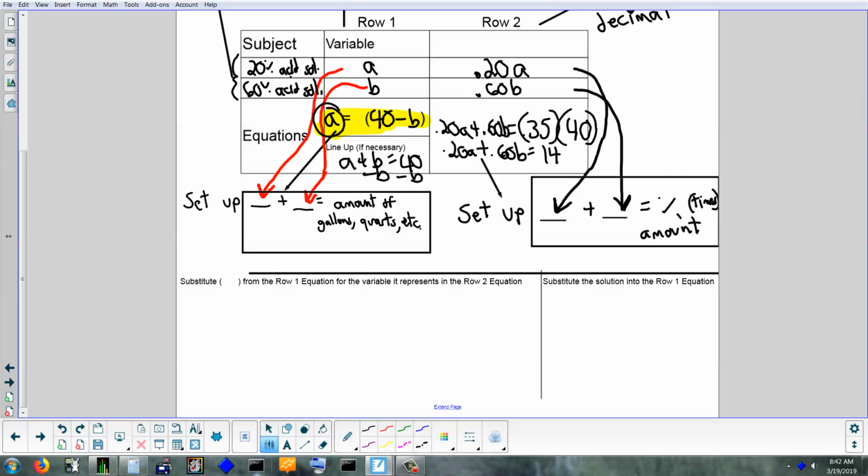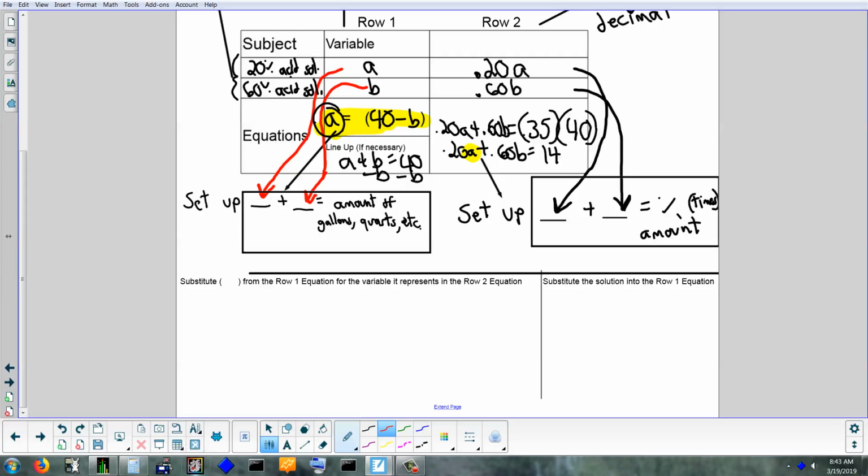What letter is by itself in that row 1 equation? A. A is by itself, right? So what does that mean? Wherever A is, what am I going to write? I'm going to substitute, right? So what information am I substituting in for A? 14. Nope. Here's A, here's A. This is what A is going to become. 0.20. So what am I writing in for A? 40 minus B. Good, Angelica.